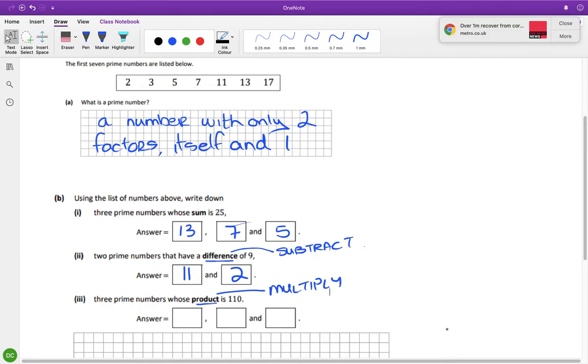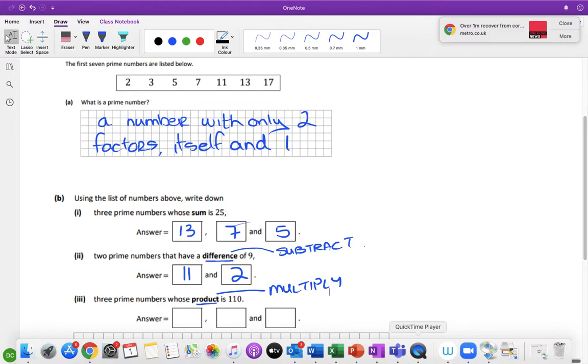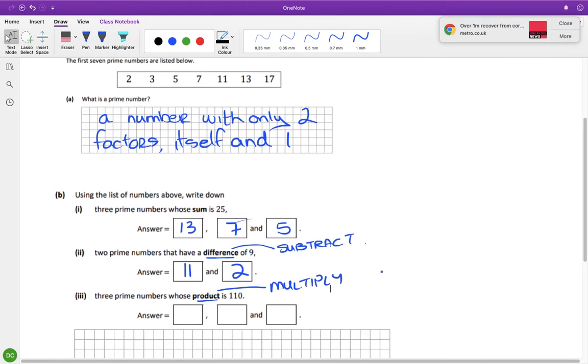That's going to be too big now. Ah, I have it. 2 by 5 by 11.